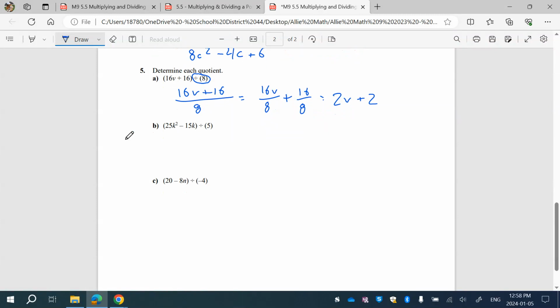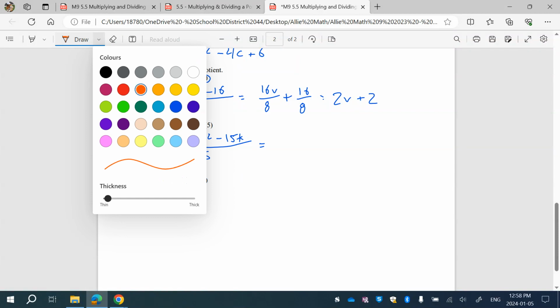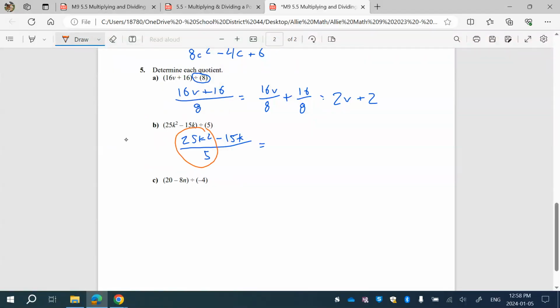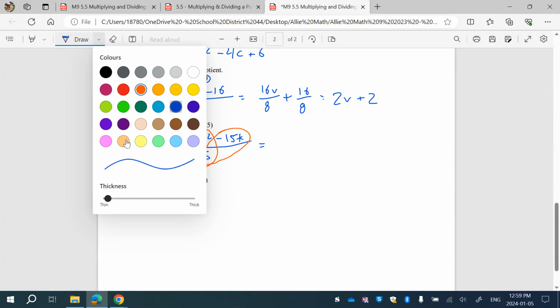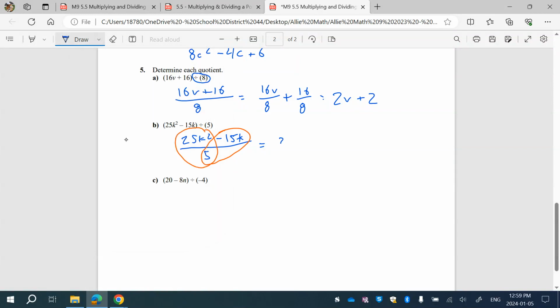All right, let's do the next one. I'm going to rewrite it. 25k squared, subtract 15k divided by 5. Then I'm going to split it up into two fractions. So this one right here and that one right there. Okay, so 25k squared over 5.